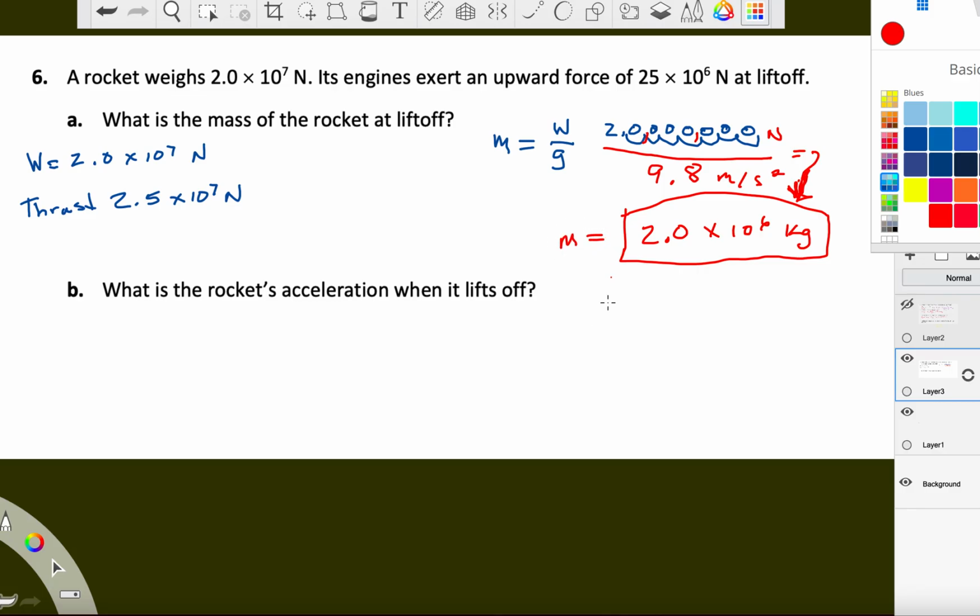Mass equals that. And then what's the acceleration at liftoff? The fun part about this is you have to talk about the net force, right? And so acceleration is equal to the net force, F net, divided by the mass, okay?